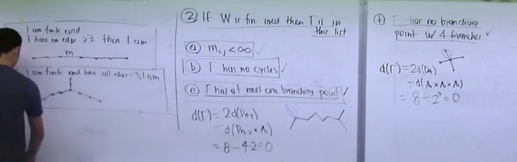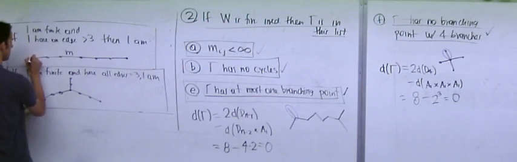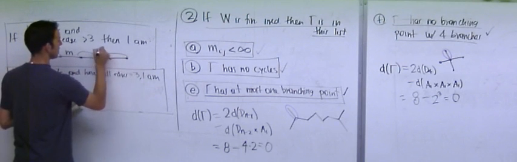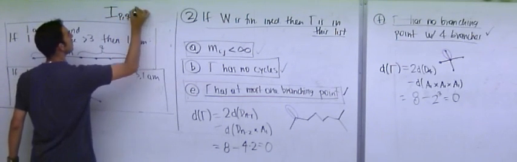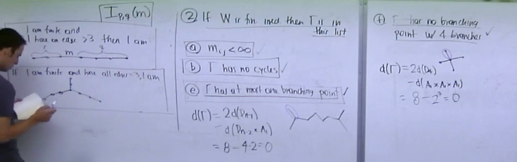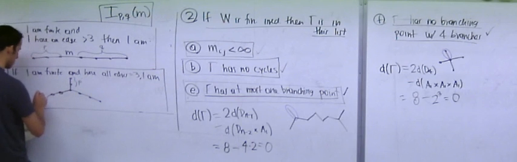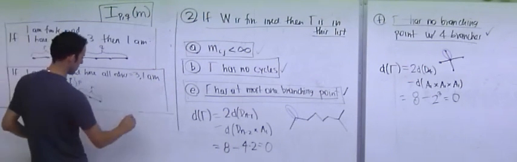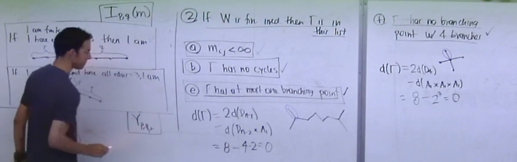So let me give this thing a name. So if I have p vertices here and q vertices here, then I'm going to call this graph IPQ of M. And if I have P vertices here, Q vertices here, and R vertices here, then I'm going to call this graph the Y of sizes P, Q, and R. Okay.